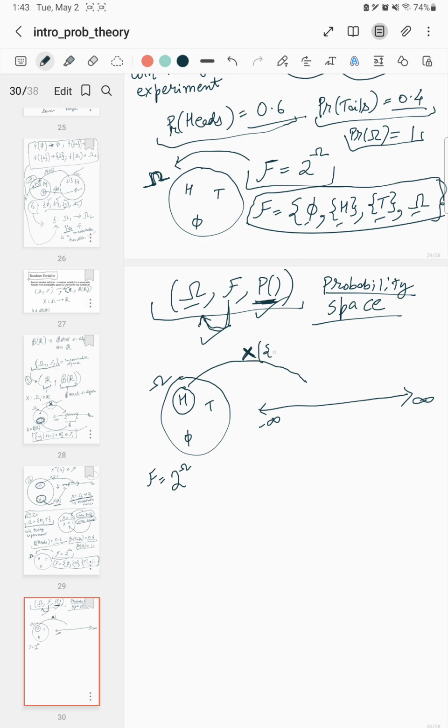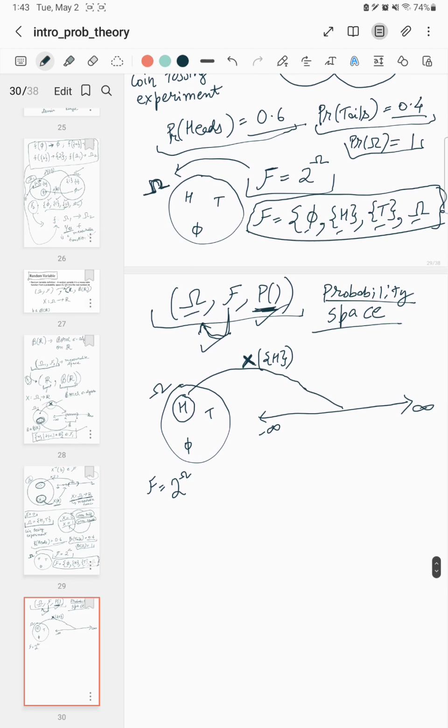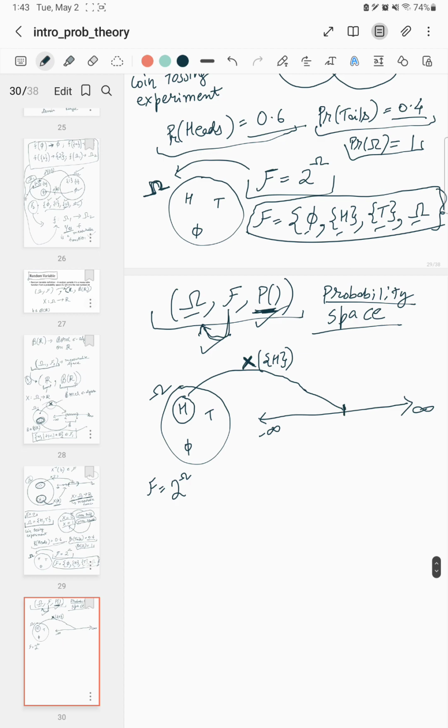So X of H would point towards, as you can see, when heads comes up its value is 1, so it will point towards the real number 1. Similarly, X of tails would point towards the real number 0.